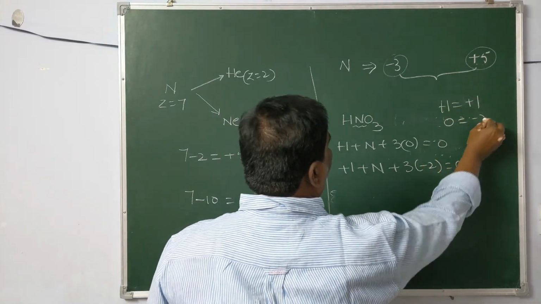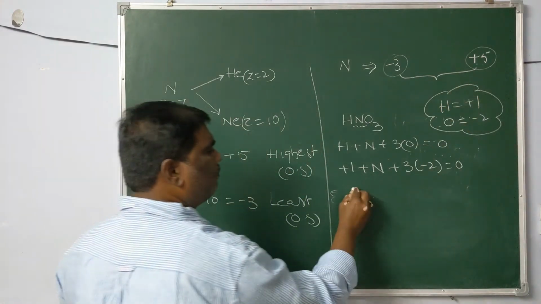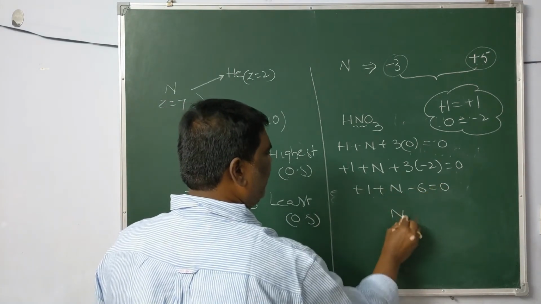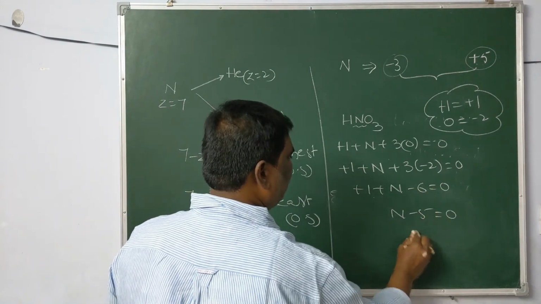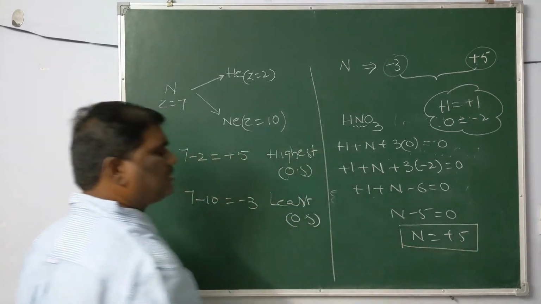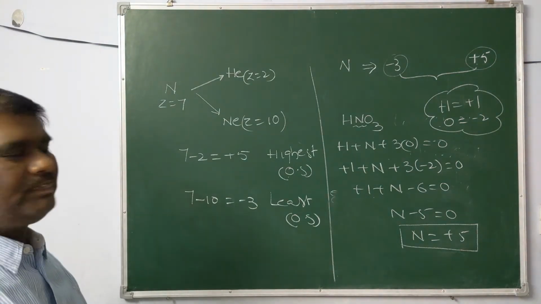Plus 1 plus n minus 6 equals 0, n minus 5 equals 0, n is equal to plus 5. In this case, nitrogen has plus 5 oxidation state.